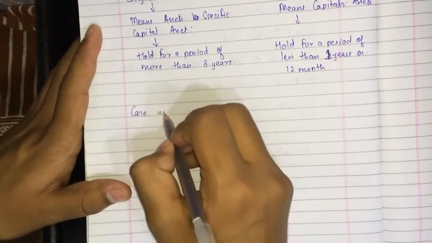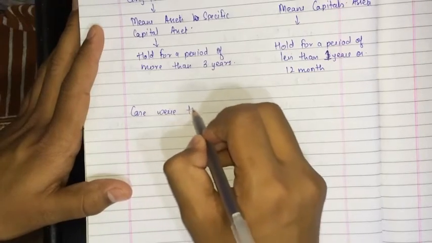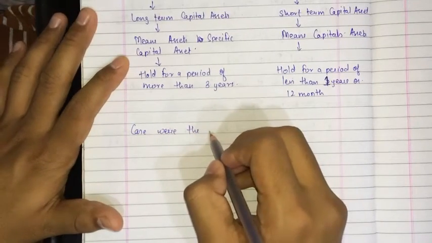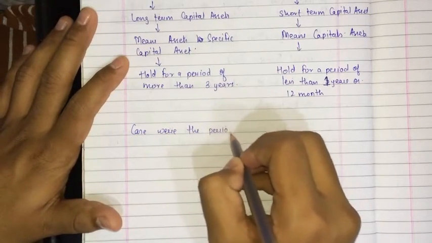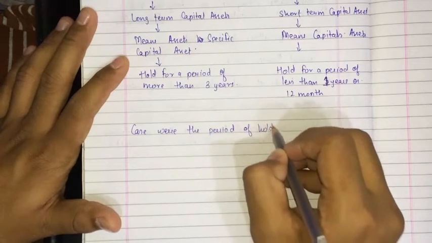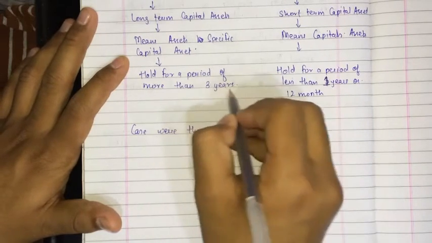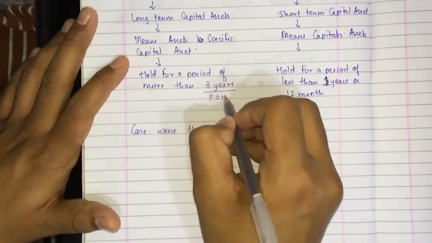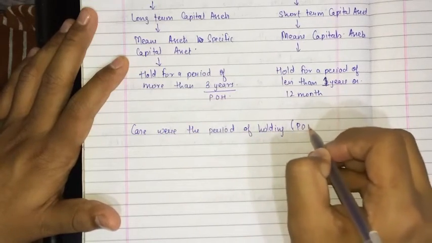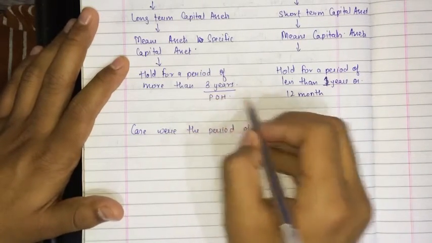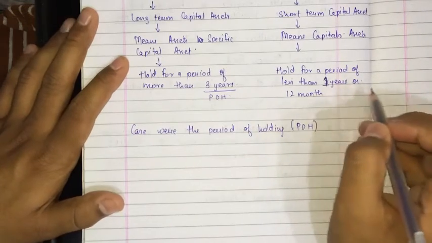Case where the period of holding, this 3 years is the period of holding, 1 year period of holding, 12 months period of holding.